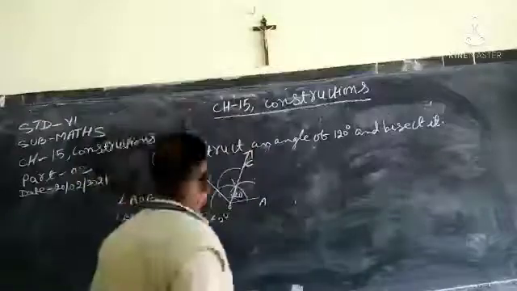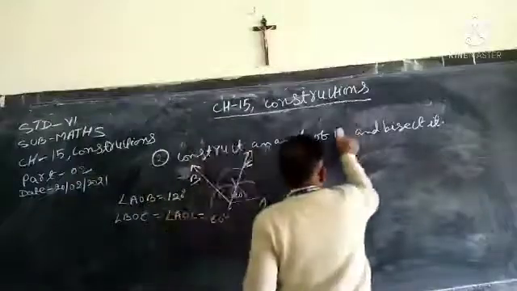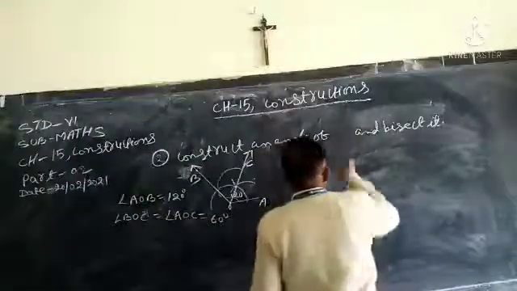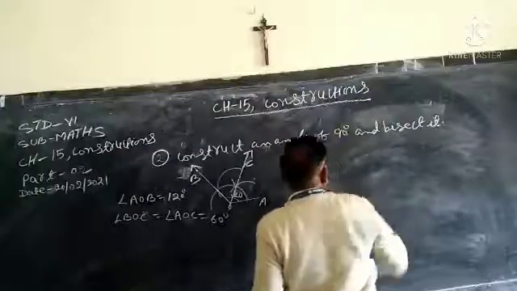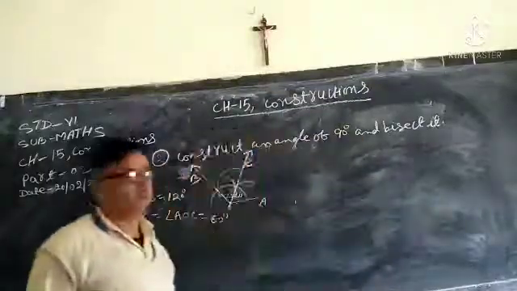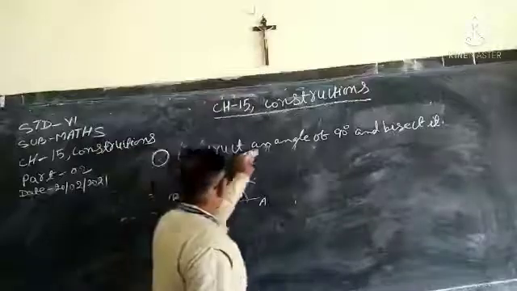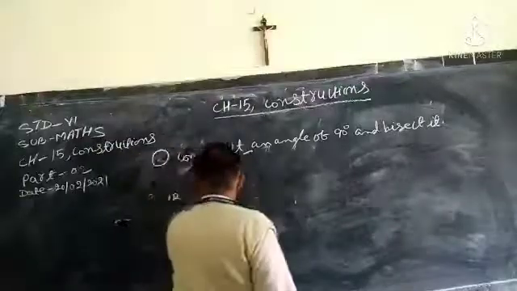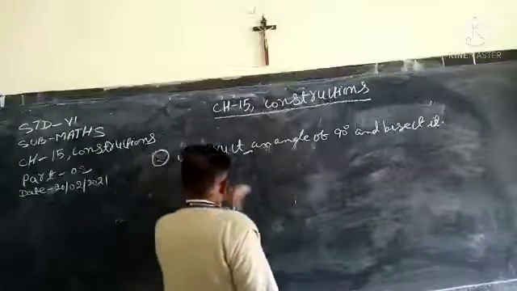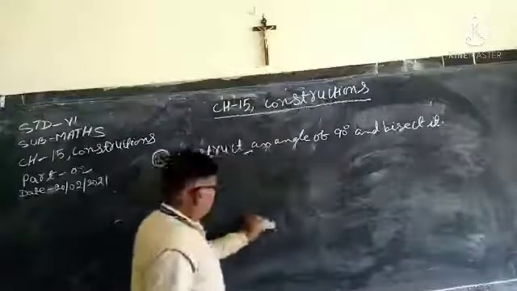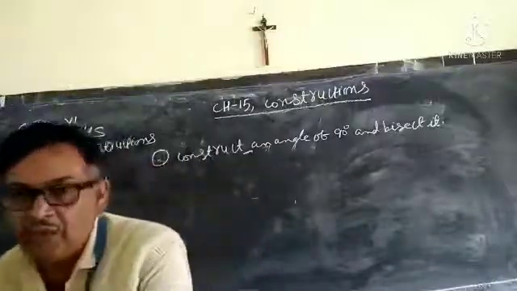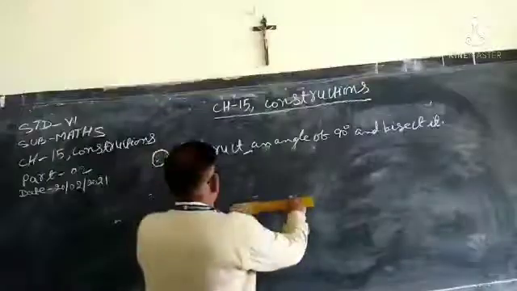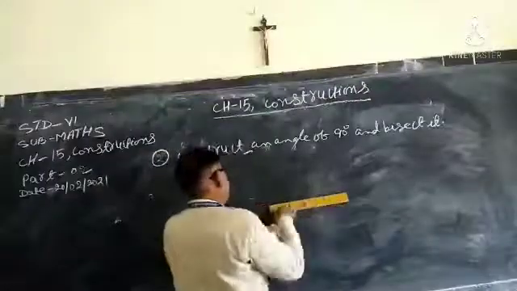Now one more. I am going to construct an angle of 90 degrees and bisect it. My dear student, what will we do? First, take one straight line, any length.